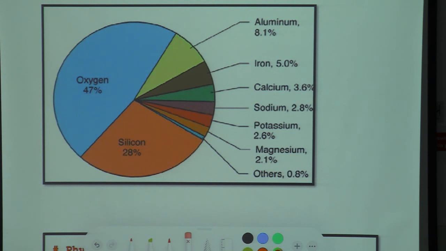how to go about with its constituents. As we have learned, there are 8, and we have divided them into major and minor. If I see it from here, it is oxygen number 1, silica number 2, aluminium and iron.